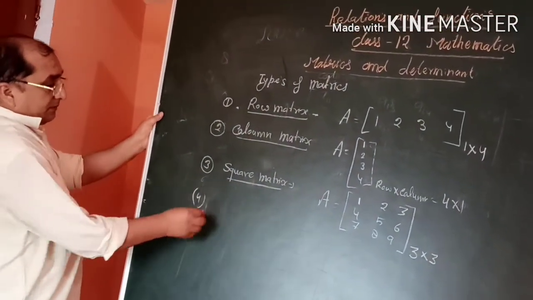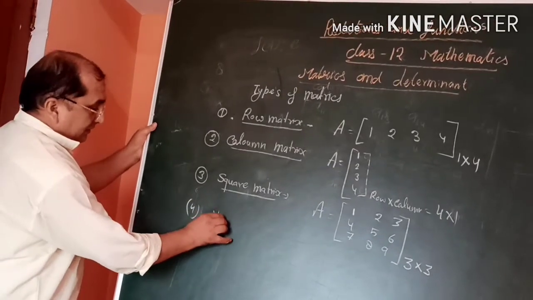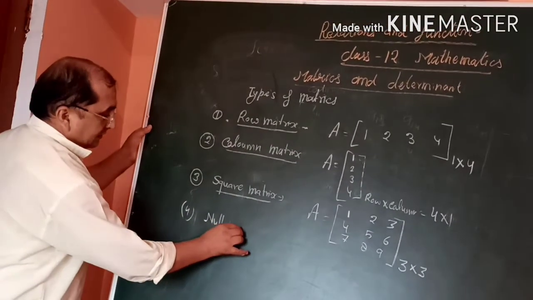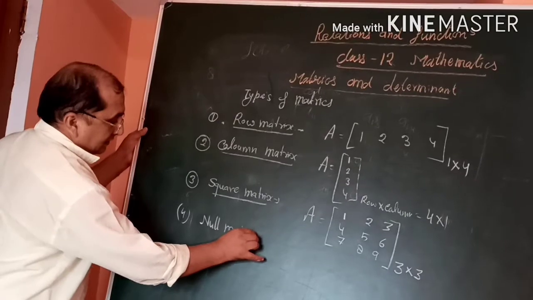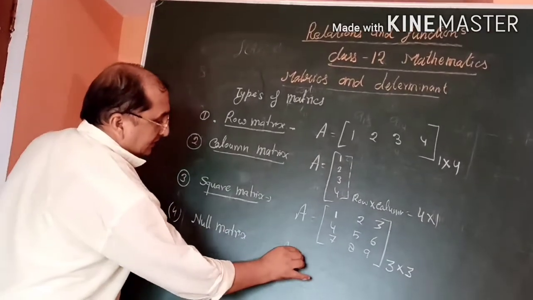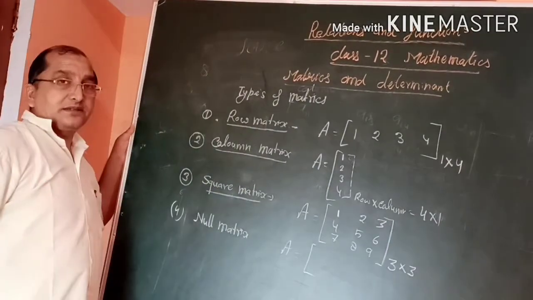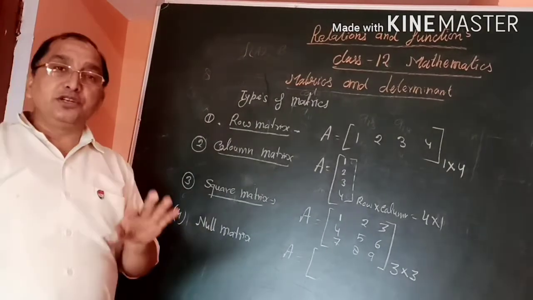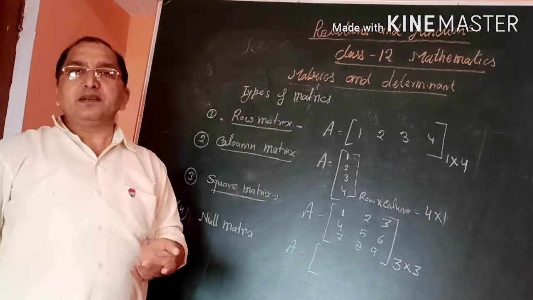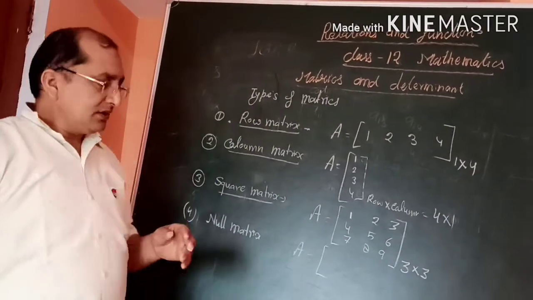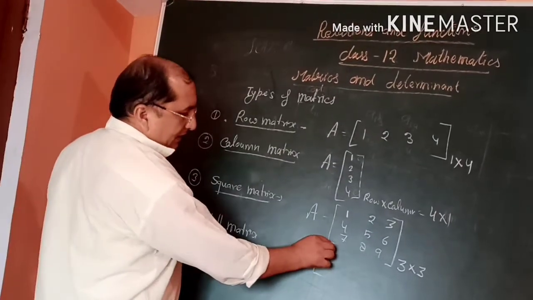Number 4, null matrix. A null matrix is not necessarily a square matrix. It may be a square matrix or another matrix also.